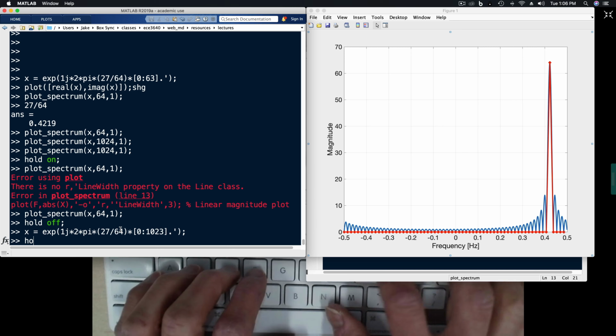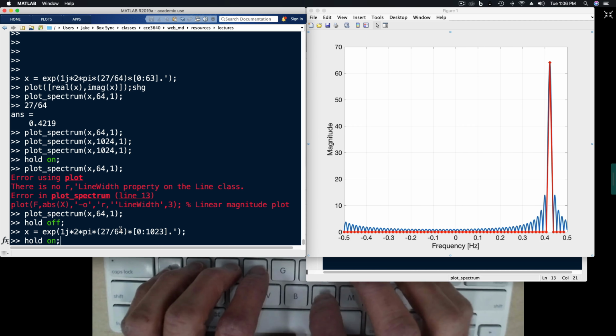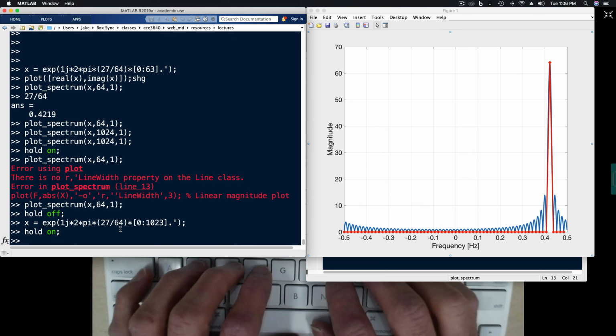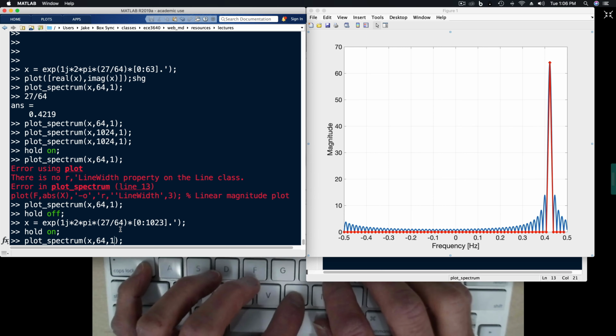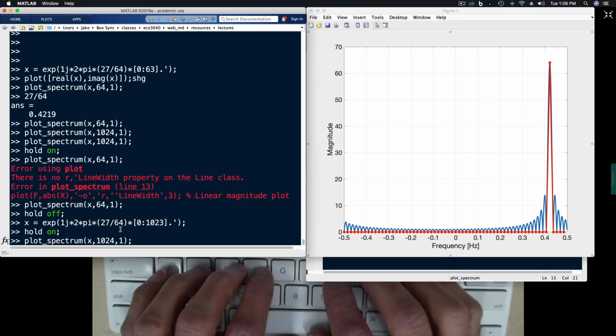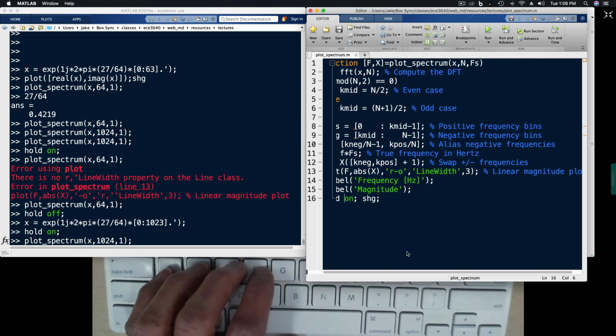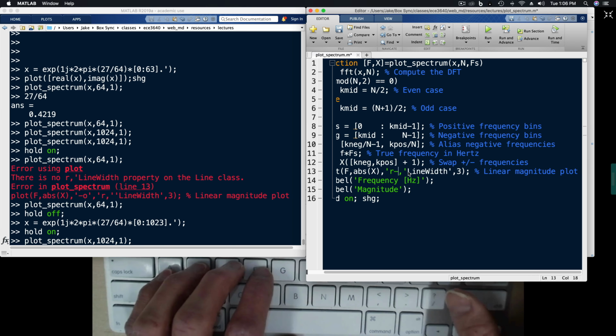And I'm going to say hold on. And now let's calculate the spectrum again. But now we're going to do a 1,024-point transform.